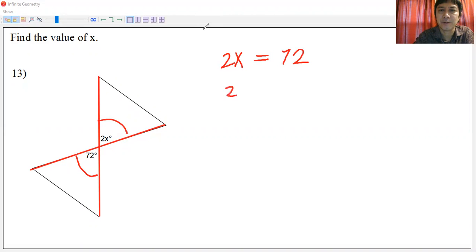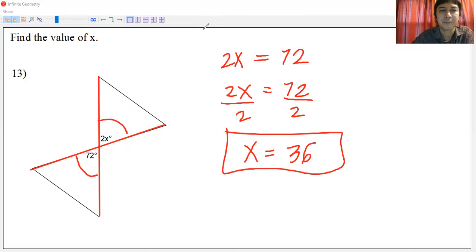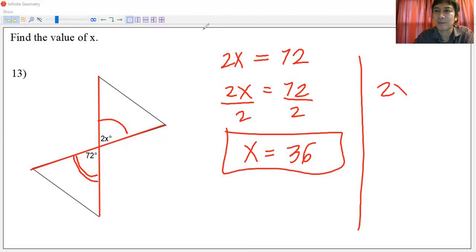And so this is very simple. Divide both sides by 2. x is 36. There. If you're required to find the value of the other angle, well, it's already given. In a vertical angle pair, they are always congruent. So the 2x means 72, and you can always check that: 2 times 36, that's 72.